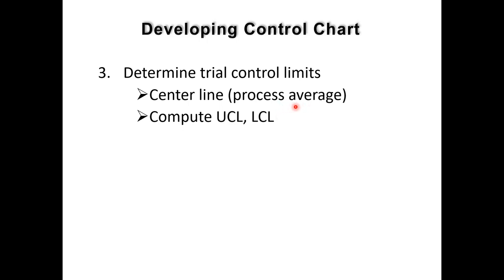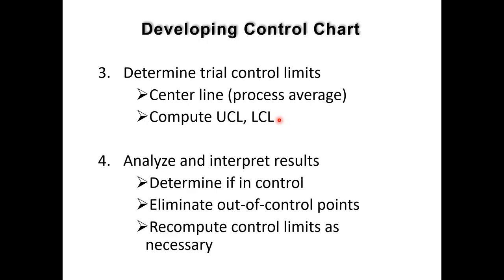Based on those two statistics, you will go on to compute the upper and lower control limit. Then you will analyze and interpret the result. As such, you will state whether the process is in control or not.